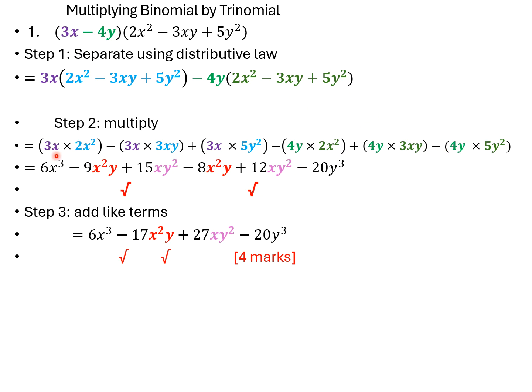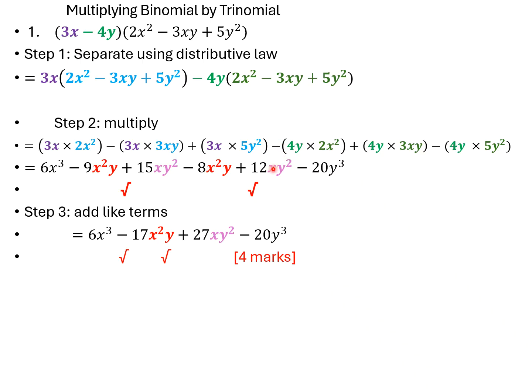Right, so if I multiply out now, 3 times 2 gives me 6. x squared times x becomes x cubed. There the negative stays. 3 times 3 gives me 9. x times x gives me x squared y. There positive stays. 3 times 5 gives me 15. x times y squared gives me xy squared.